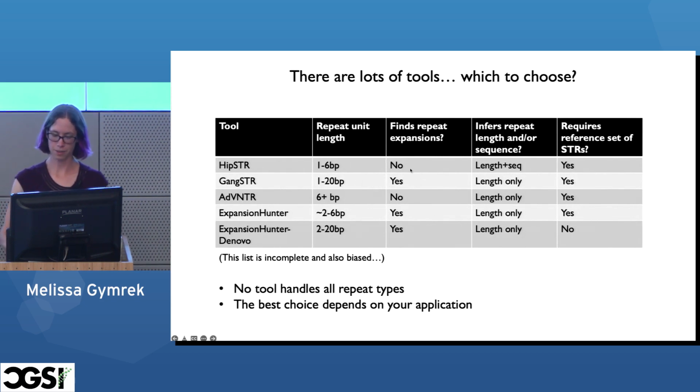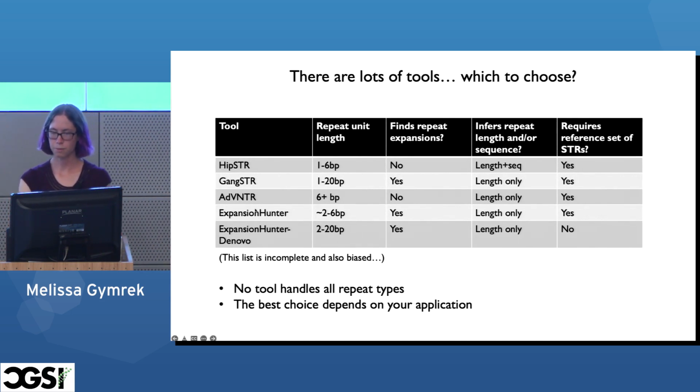Some of these will be able to identify both these smaller changes and large expansions. Some of them will focus only on smaller changes, etc. So I'm not going to go through each column of this table, but I do want to make the point that the best tool to use really depends on the application that you're going for.